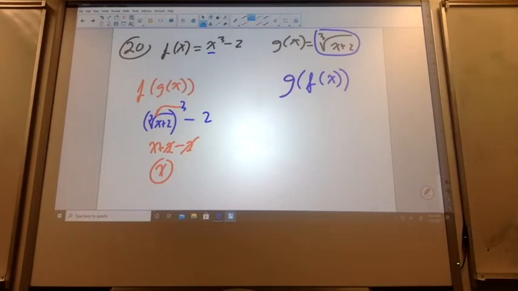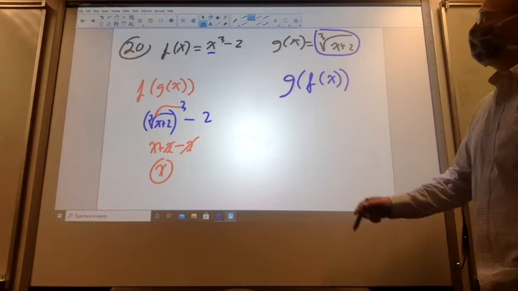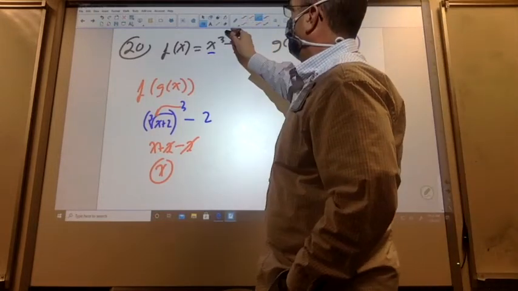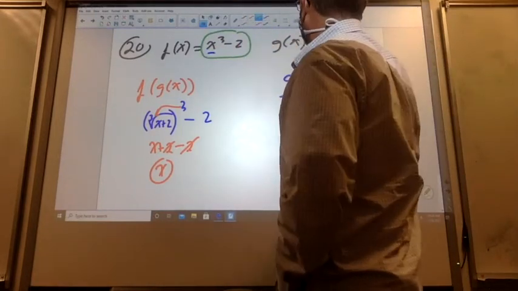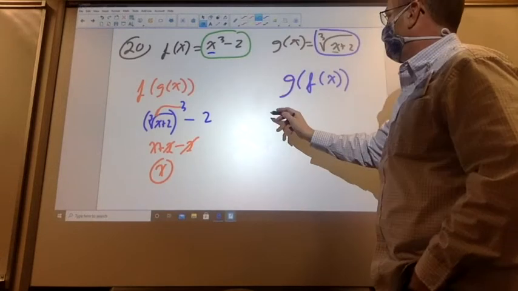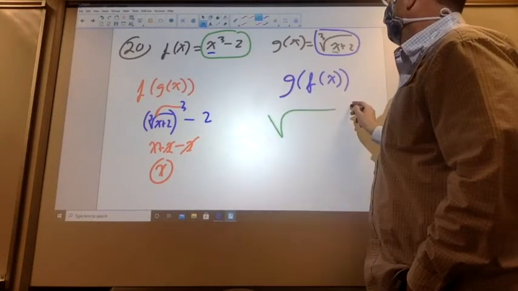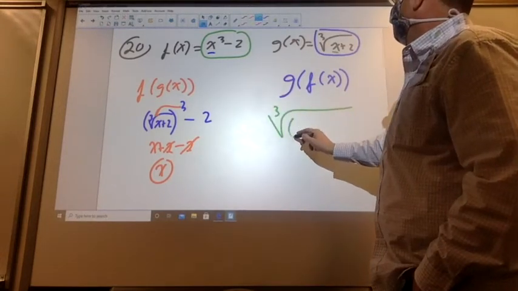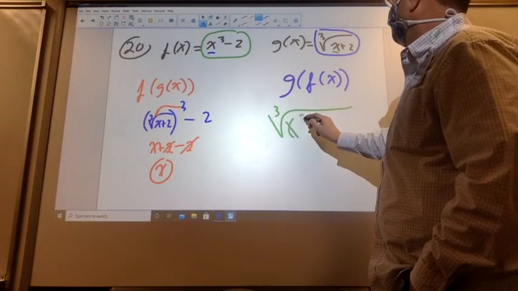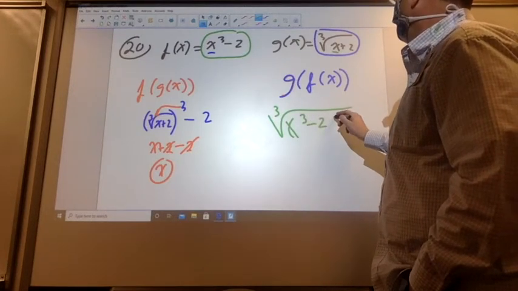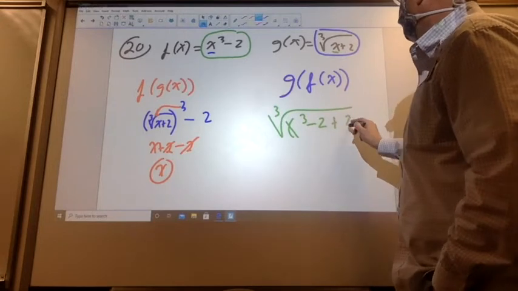It appears we are on the road to finding an inverse, but you have to test both because there's something that doesn't always come out right. All right, next one I'm going to take this, and I'm going to plug it in for x right there. So I'm going to do the third root of x to the third minus 2, plus that 2.